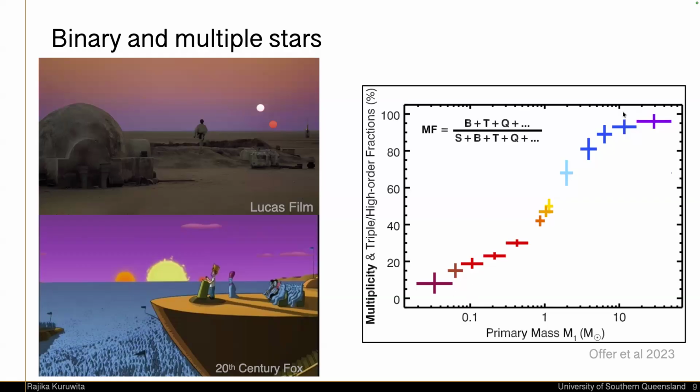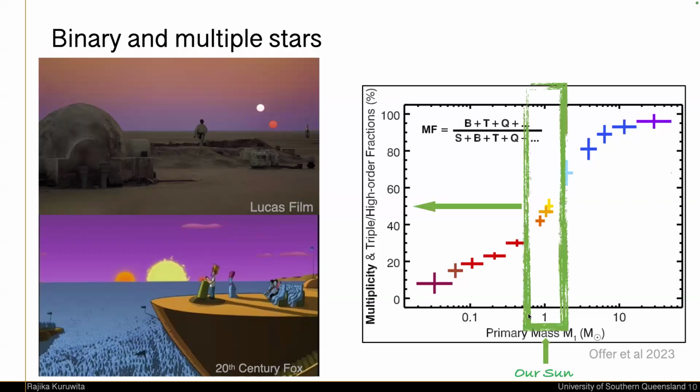Basically all massive stars have a companion, and for stars like our sun, about 50% of them have another star around them. This is looking at basically all the stars, so main sequence and post-common envelope and whatnot.